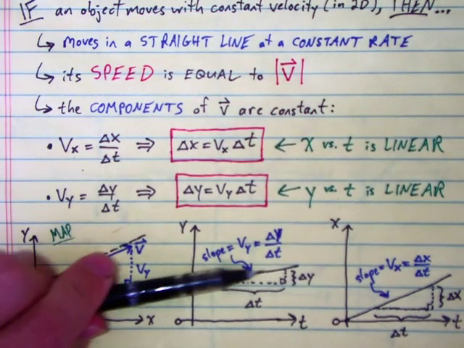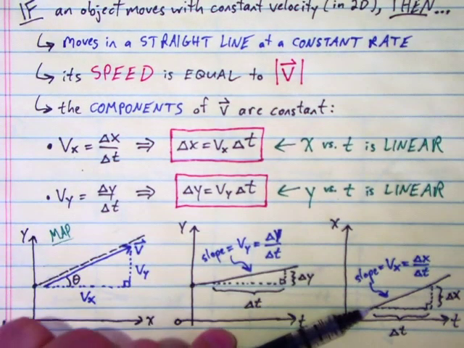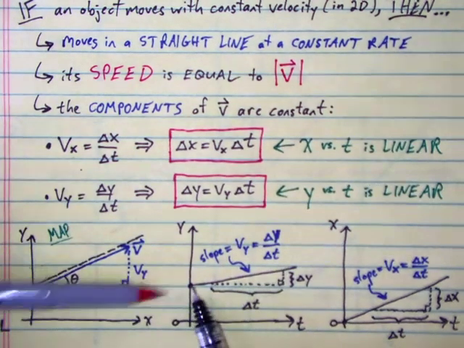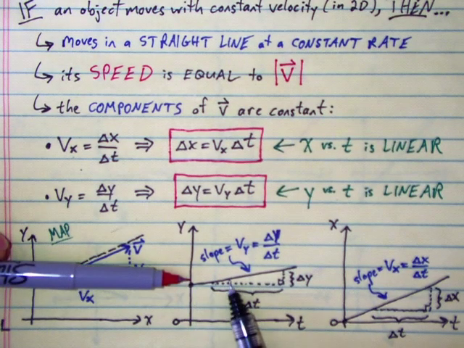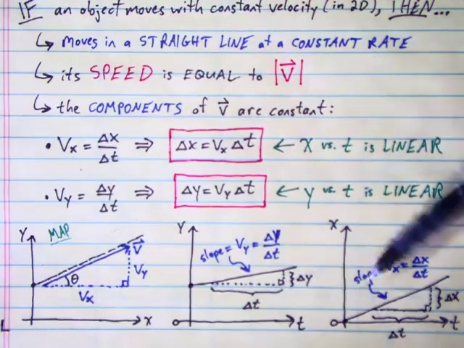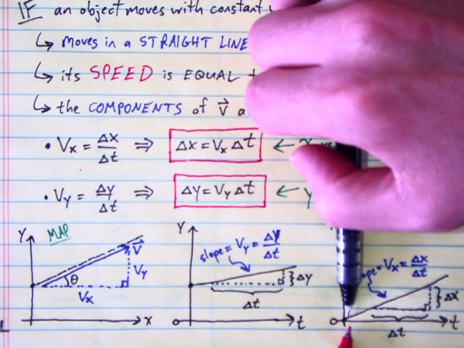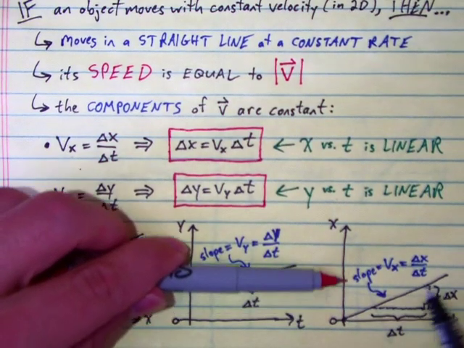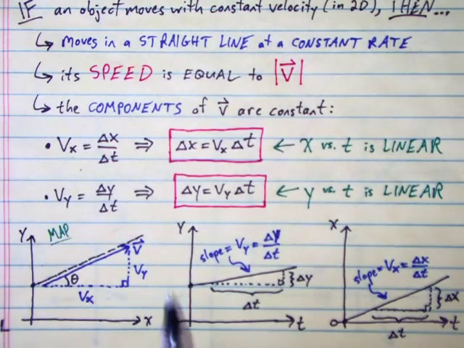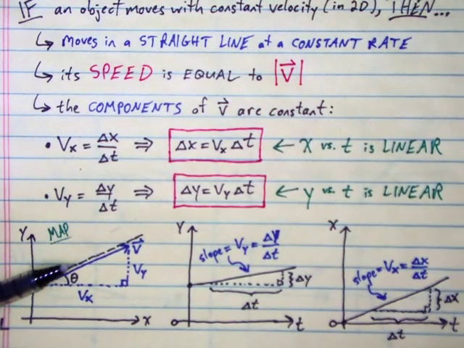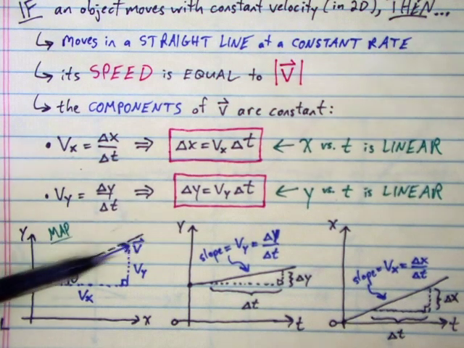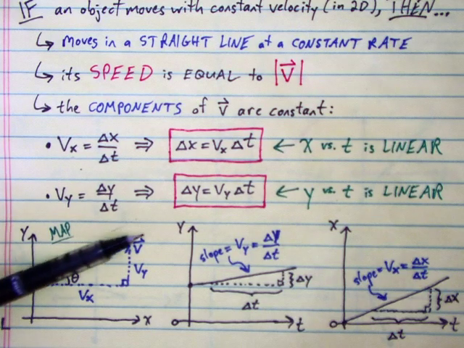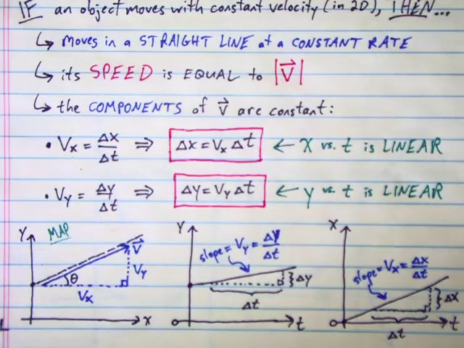Notice this slope is shallower than this slope, indicating that our y-coordinate is increasing pretty slowly compared to our x-coordinate, which is increasing more rapidly. You can tell that from looking back at our map here. Our path is directed more in the x direction than it is in the y direction. Therefore, our x-coordinate is increasing with time more rapidly than the y-coordinate is.